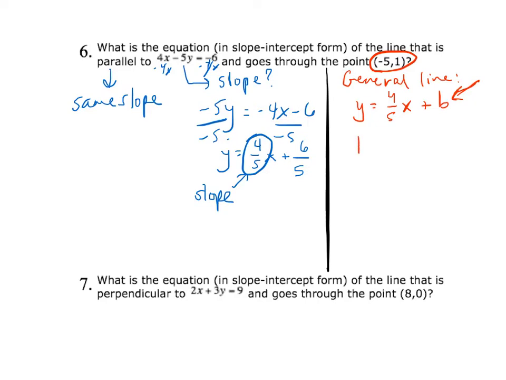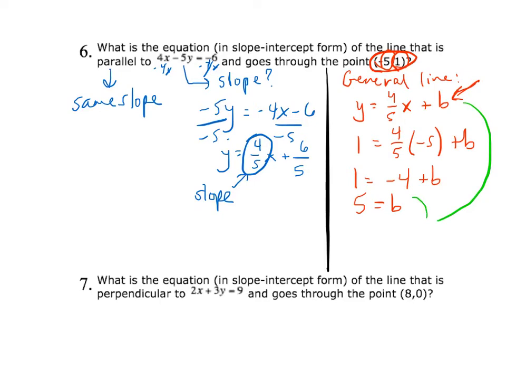So 1 comes from right here, equals 4/5 times negative 5 plus b. 1 equals negative 4 plus b. b must be 5.